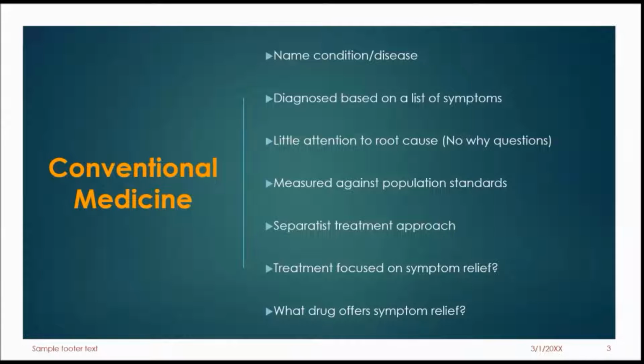And it's measured against population standards. So the health of their body is usually measured with a test, and that test is measured against what is general in population standards. So for example, let's say one is tested for HbA1c. That looks at the sugar that coats the inside of the cell. And there's an optimal level of HbA1c. In other words, the optimal level is the level where your body is at its healthiest.